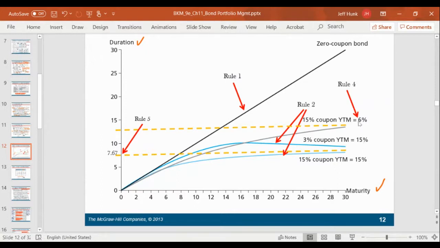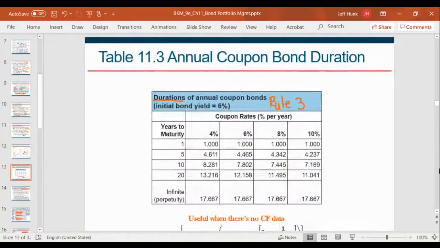The yield is not even half that, and duration is close to 2 times higher. So that is the graphical representation of the determinants of the duration rule.